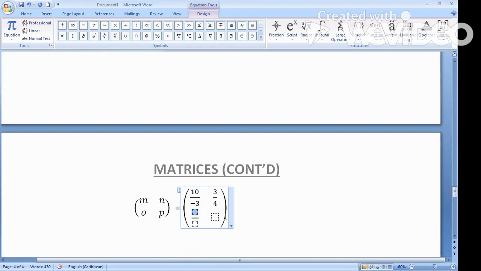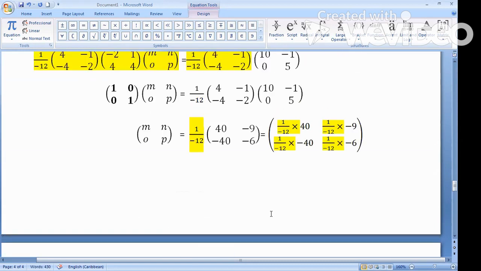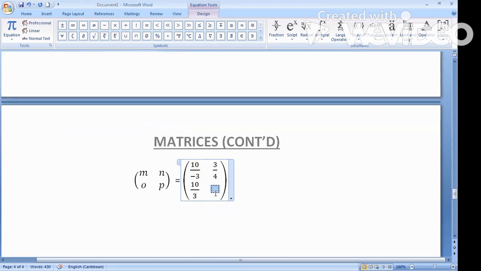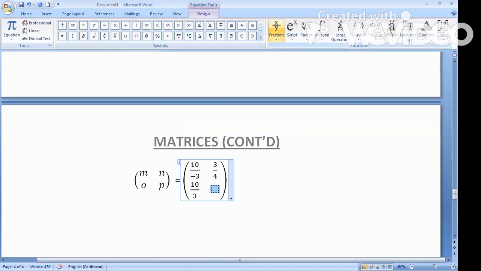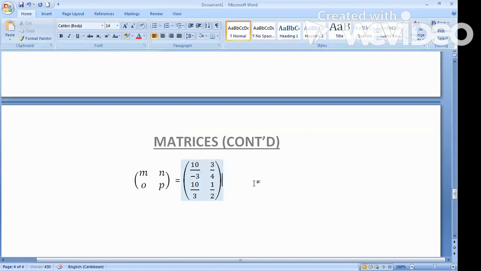So this one is 10 over 3. And the last one will be a half. And you can get the decimal equivalent, right? But essentially, what is m equal to, class? 10 over negative 3. M is equal to this.